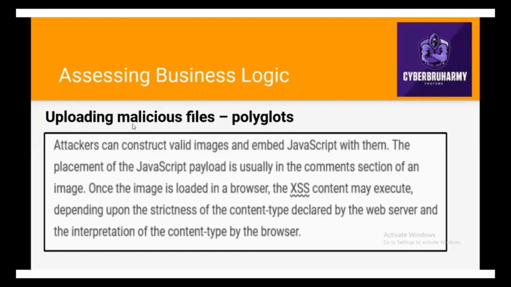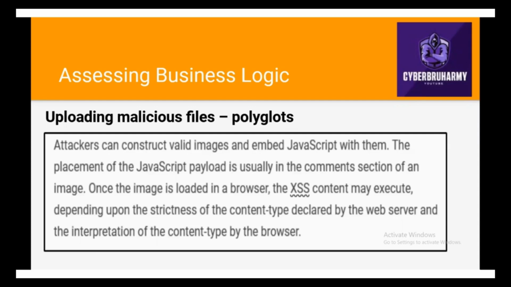The next one is uploading malicious file, polyglots. Polyglot is a term defined by something that uses multiple languages. If we carry this concept into hacking, it means creating a cross-site scripting attack vector by using a different language as an execution point. For example, an attacker can construct a valid image and embed it with JavaScript, usually placing the JavaScript payload in the comment section of the image.